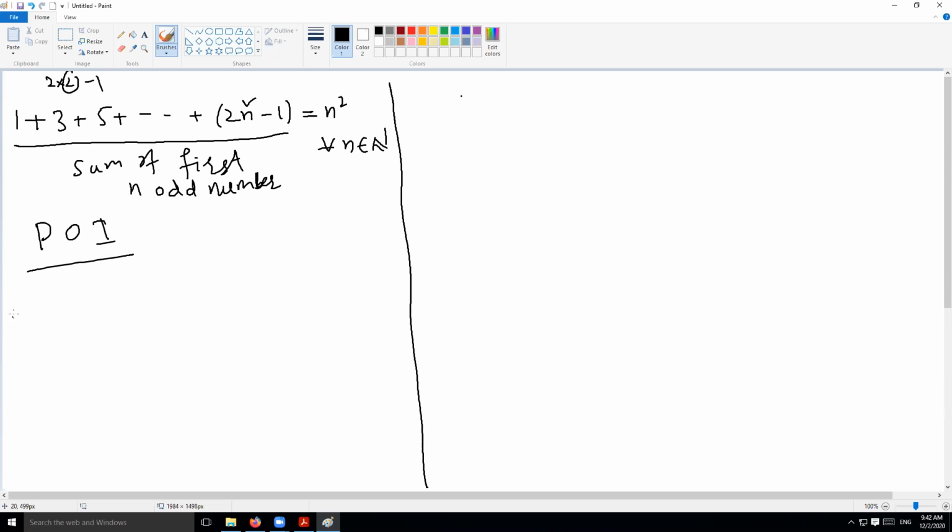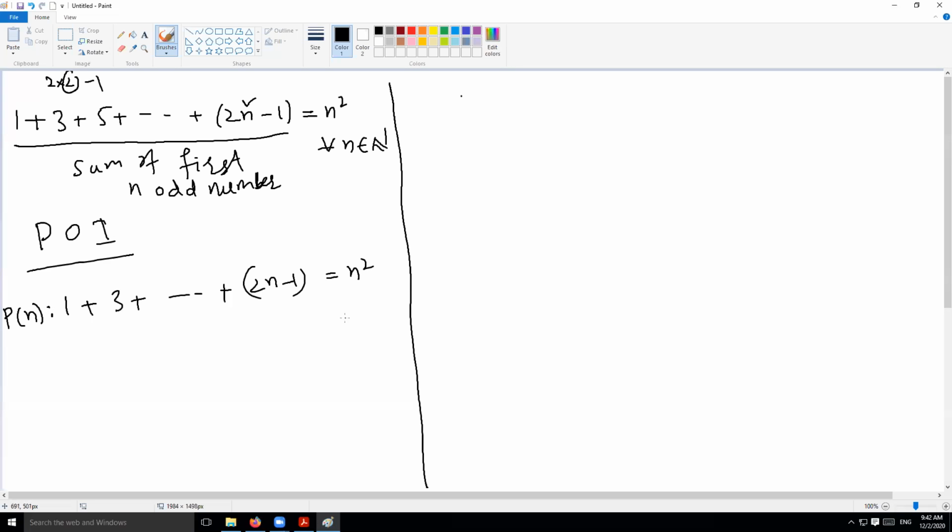So how can we prove it? First you need to take this statement, 1 plus 3 plus up to 2n minus 1 equals n square, and give it a name. This is a statement, an equation, which I am calling P of n.